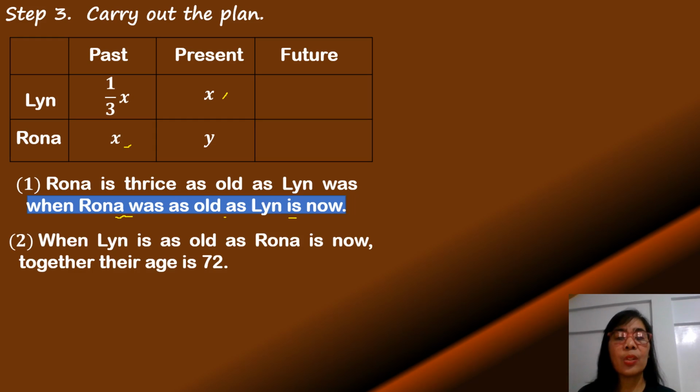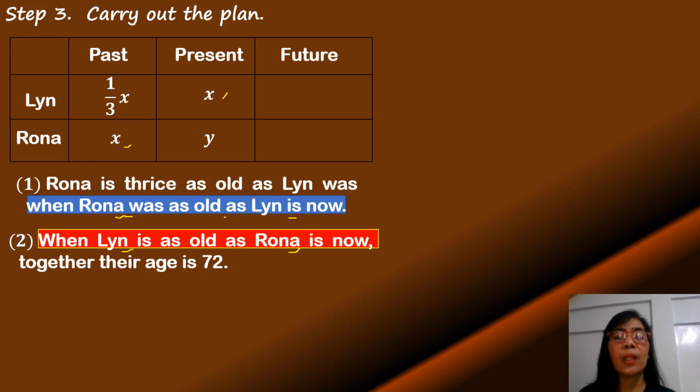The second condition is when Lynn is as old as Rona is now, together their age is 72. Again, this clause is referring to the future age of Lynn when she will be as old as Rona is now. So the present age of Rona is y.